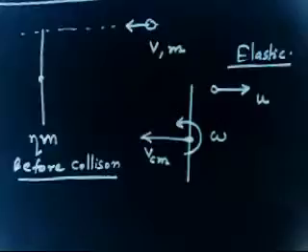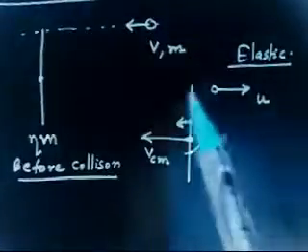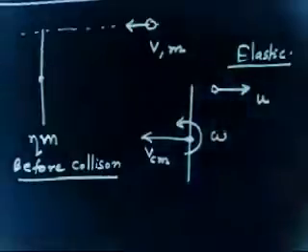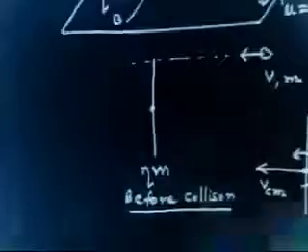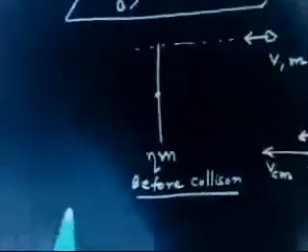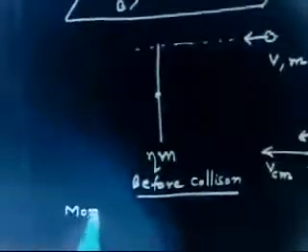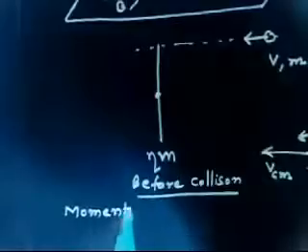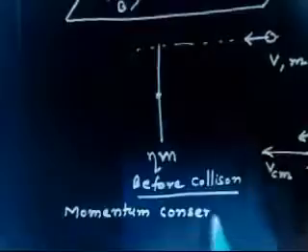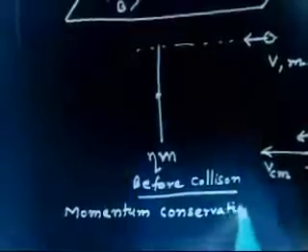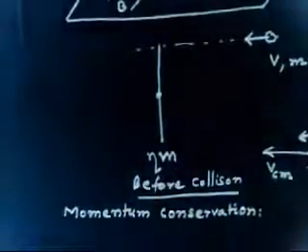You see, there is no external force acting in the horizontal direction, while the force when the rod and disc collide is internal in nature. So I can write one equation from momentum conservation. No force is acting, so in the horizontal direction, momentum has to be conserved.